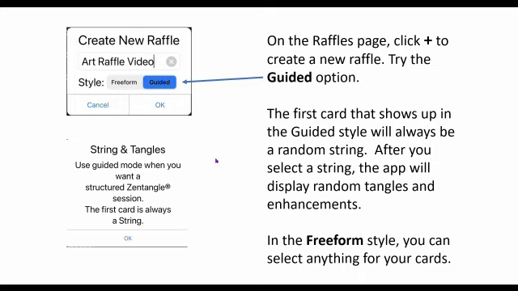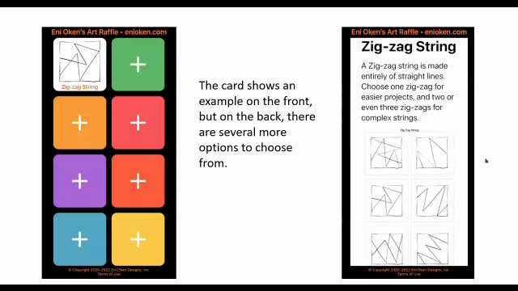But I was challenged by Eni Taylor, CZT, to use the guided option and to not make any changes. Because you can decide yes or no, I want this tangle or I want this string, but I'm going to show you how I used it for these tiles.